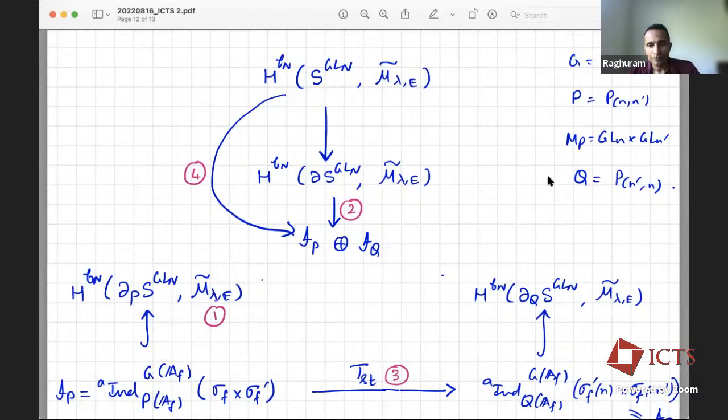Is that right? That's absolutely right. If the parabolic is not maximal and I go a little deeper, say I work with GL2 cross GL2 cross GL2 sitting in GL6, there is a spectral sequence built from the cohomology of the various strata which converges to the cohomology of the boundary.